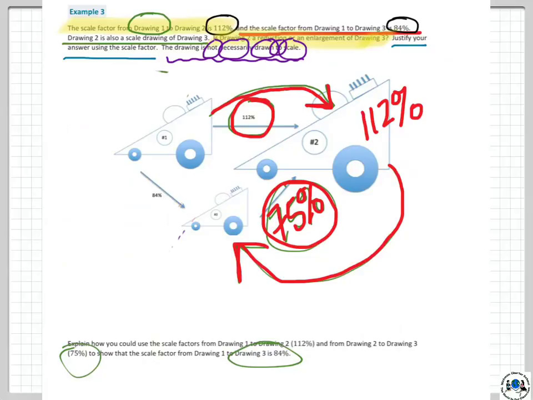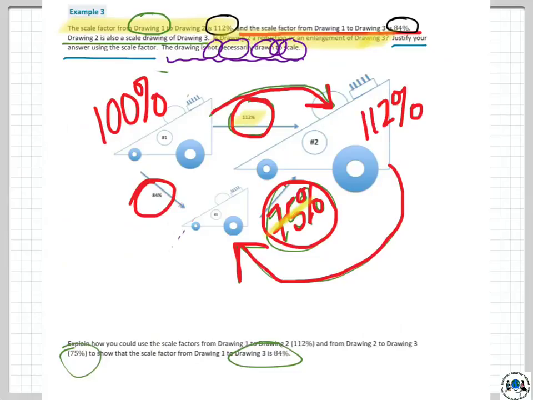Now this, number one, stands as 100%. It becomes our original, because we're working around in a little circle here. But where does that 84% come from, or how can we use these two?